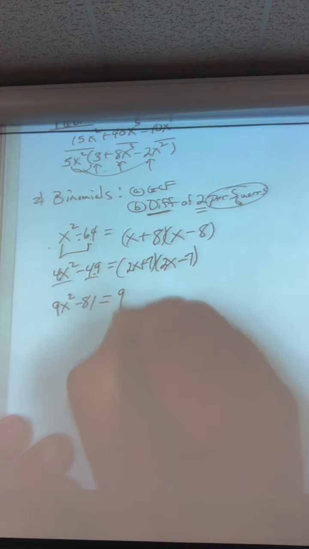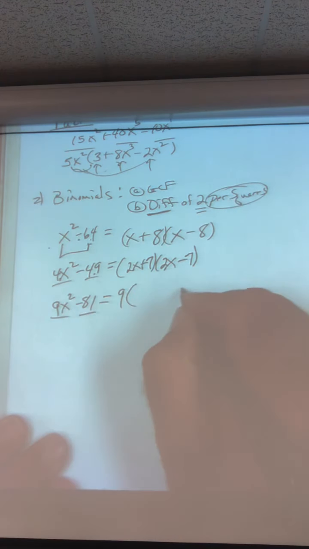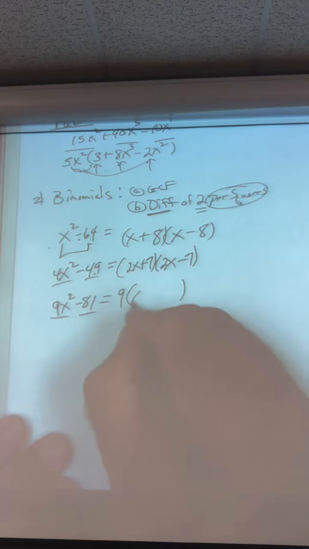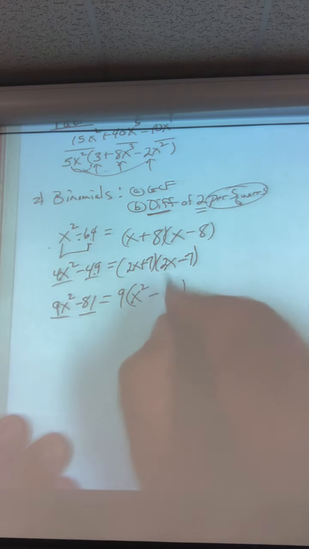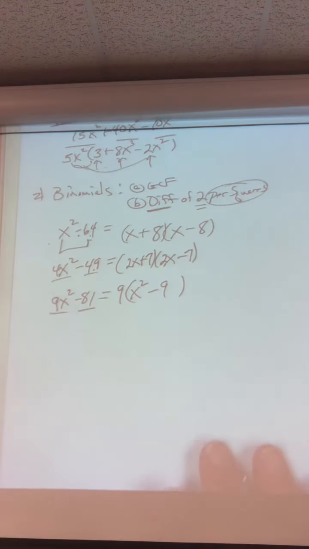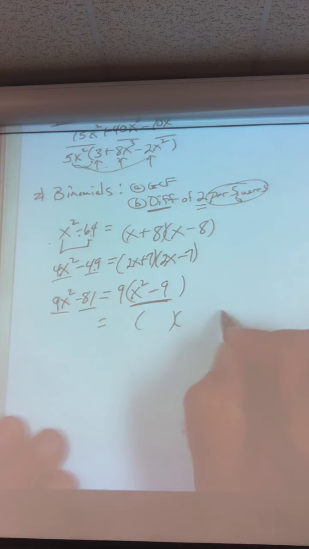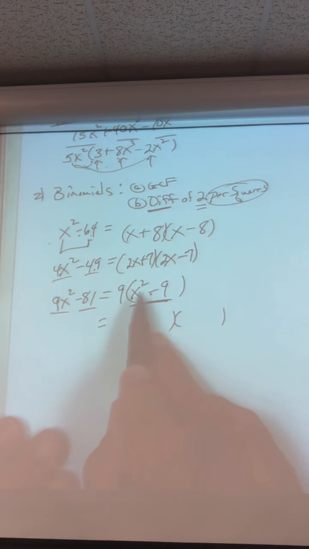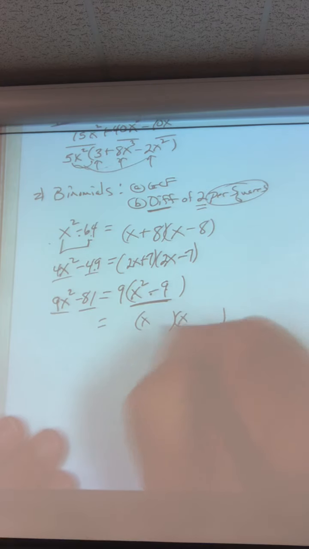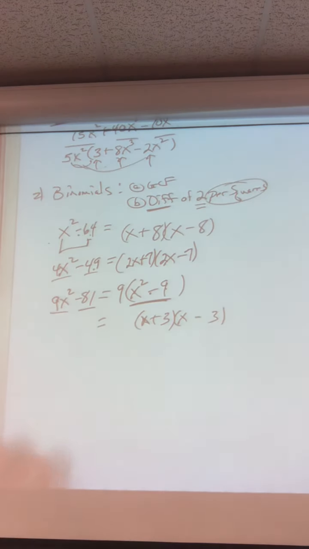So, I'm going to take out a 9. 9 into 9x squared is x squared. 9 into 81 is 9. However, if you'll notice, this binomial right here is still the difference of two perfect squares, x and x. 9 is a perfect square, 3 and 3, and one's a plus and one's a minus.